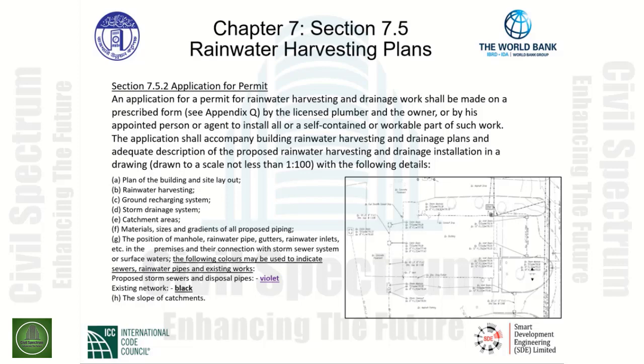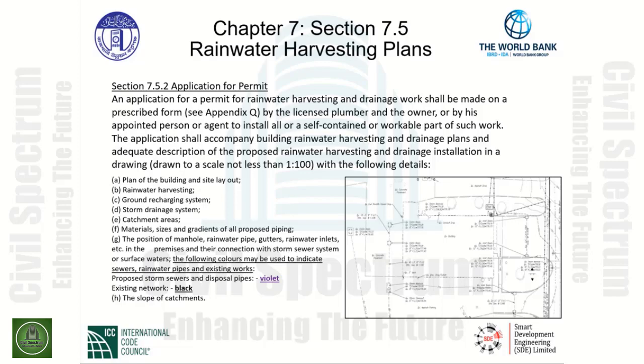Item F, materials, sizes, and gradients of all proposed piping. G, the position of manhole, rainwater pipe, gutters, rainwater inlets, etc. in the premises and their connection with storm sewer system or surface waters. The following colors may be used to indicate sewers, rainwater pipes, and existing works.